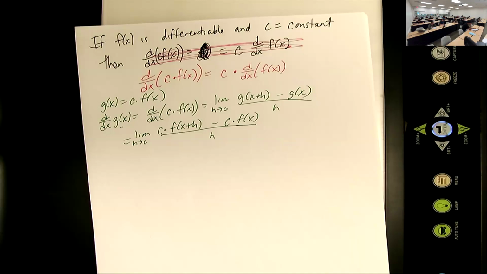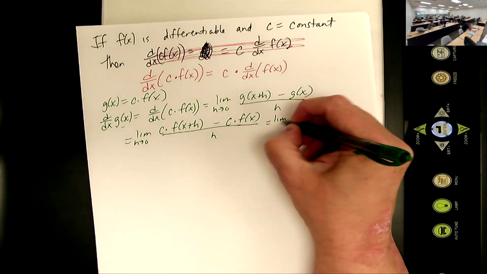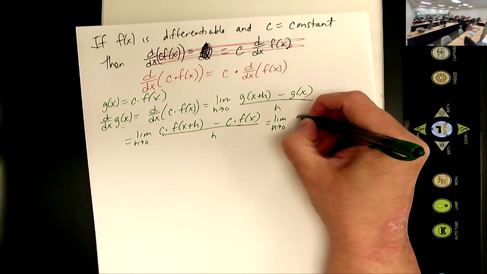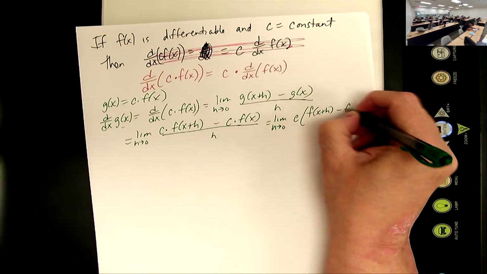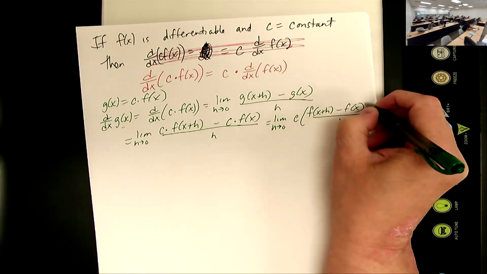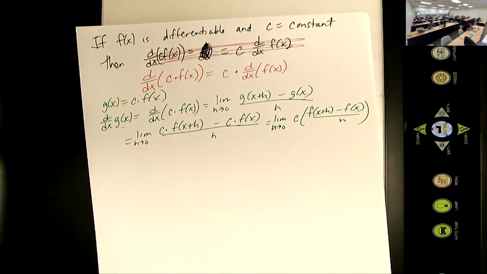Try not to go too fast. We're gonna factor the C out. And we saw one of our limit rules was the limit of a product means we could do the limit on each product.